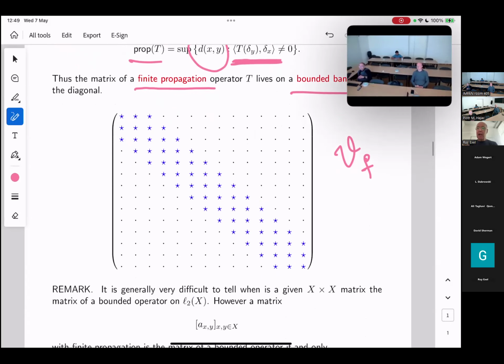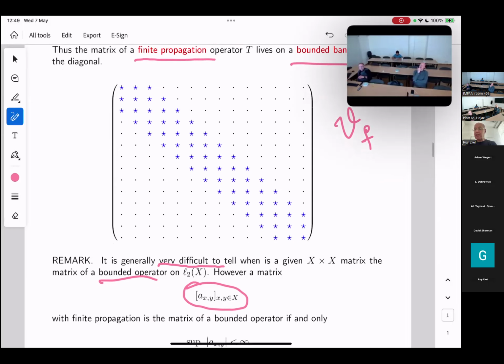An interesting remark about those operators is that if you're given an arbitrary matrix, and I ask you, is this the matrix of a bounded operator? This is a very difficult question. It's very hard to tell from the entries of the matrix whether this is a matrix of a bounded operator.